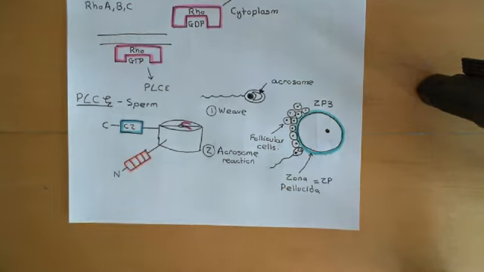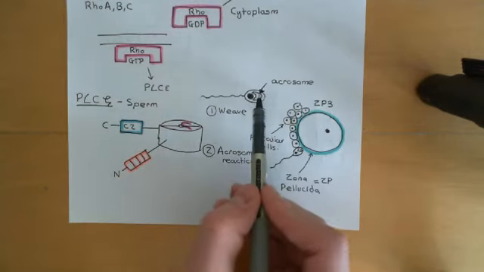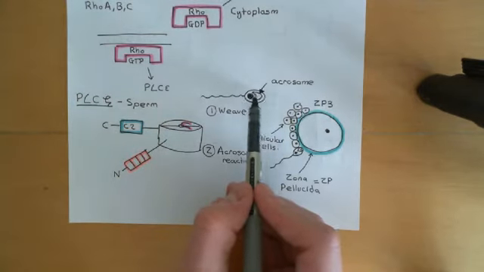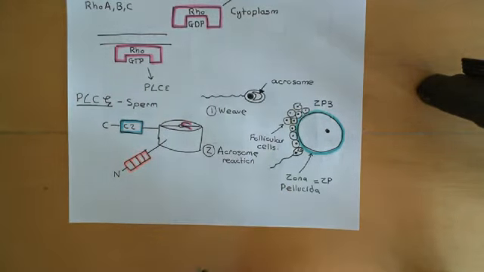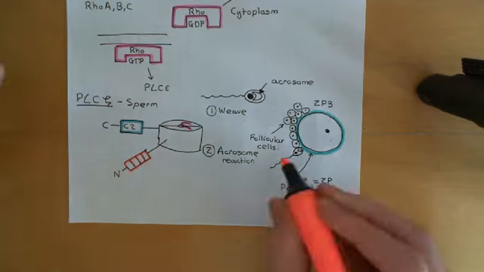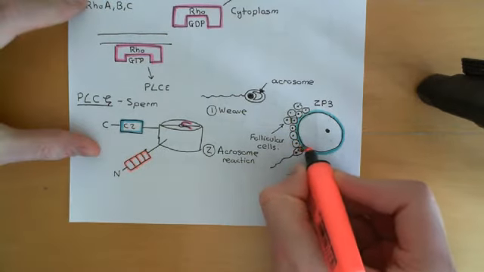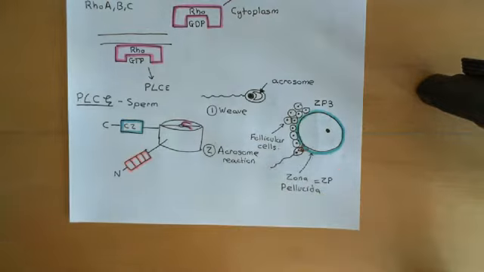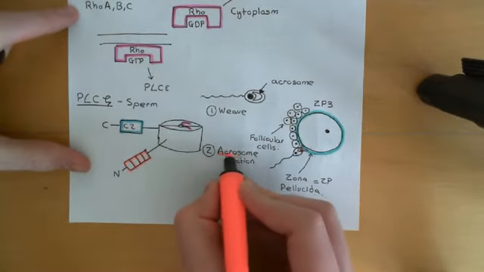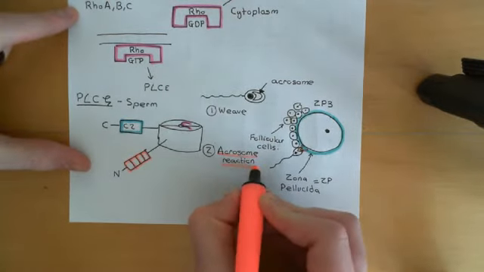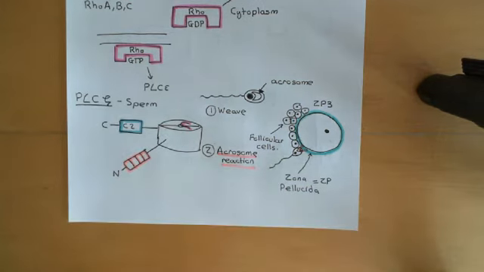So just like you get vesicle exocytosis elsewhere, so for instance at nerve terminals, this vesicle will be fusing with the cell membrane just like that, and releasing the enzymatic contents onto the zona pellucida. Okay, and that release of the contents of the acrosome onto the zona pellucida is called the acrosome reaction.